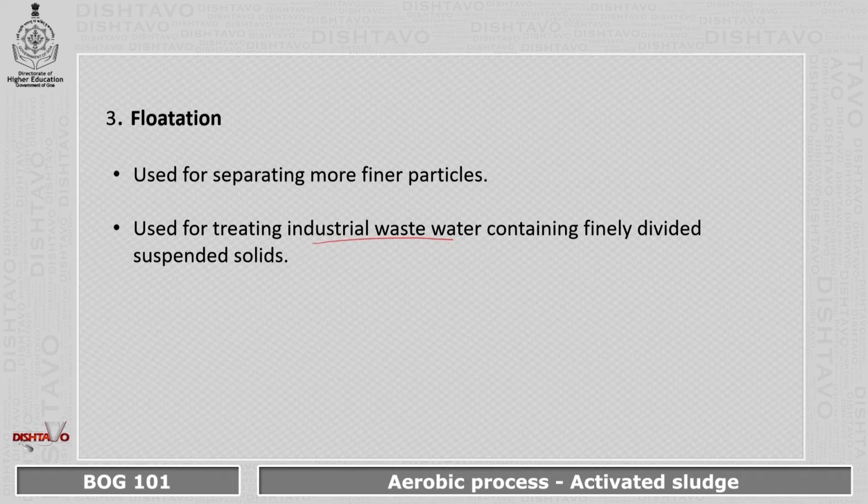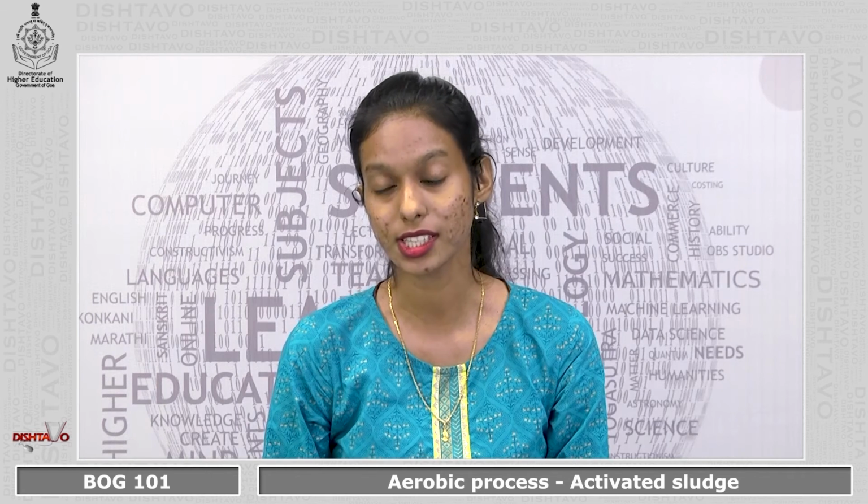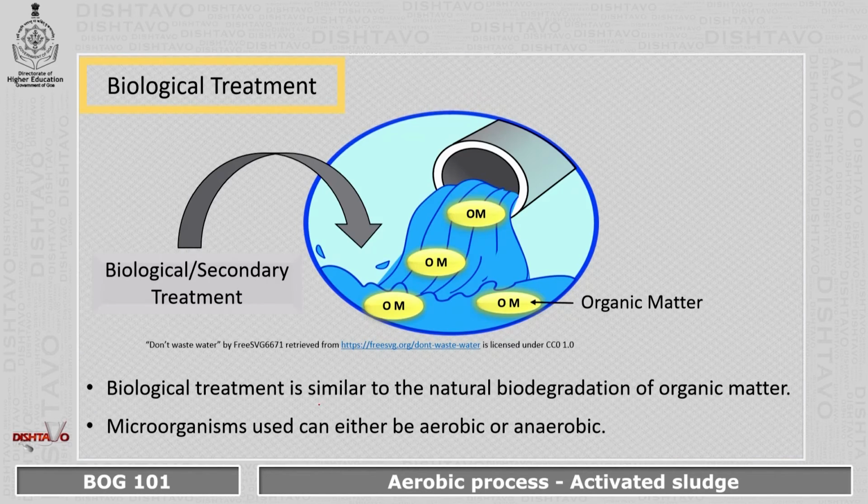After the pre-treatment, we finally go to the biological treatment, which is the secondary treatment. The biological treatment is very similar to the natural biodegradation of organic matter. The microorganisms that are used in the biological treatment can either be aerobic or anaerobic.